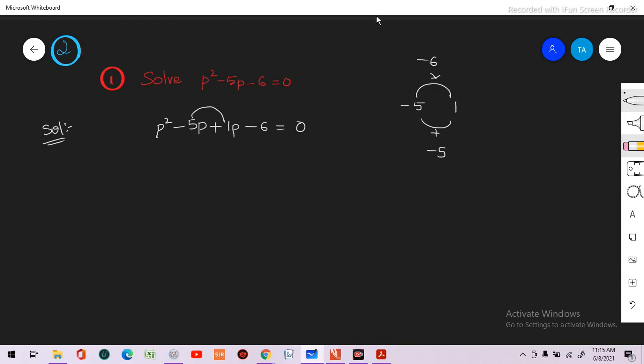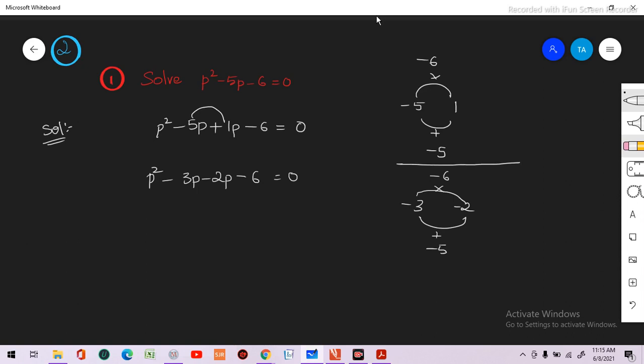How about minus 3 and minus 2? p square minus 3p minus 2p is equal to 0. If I multiply these two, I should get minus 6, and if I add them, I should get minus 5.